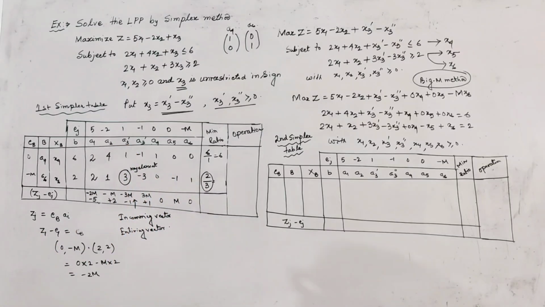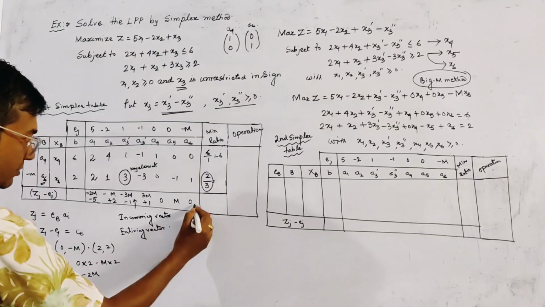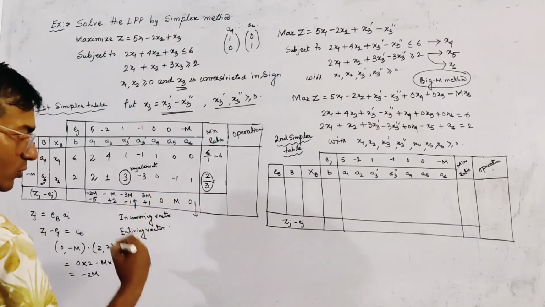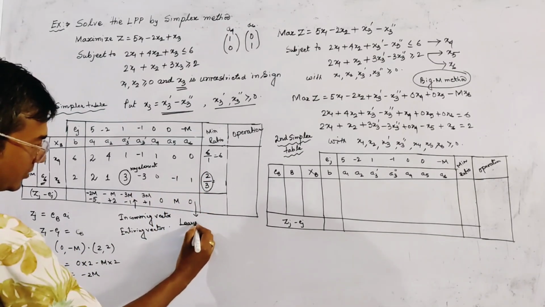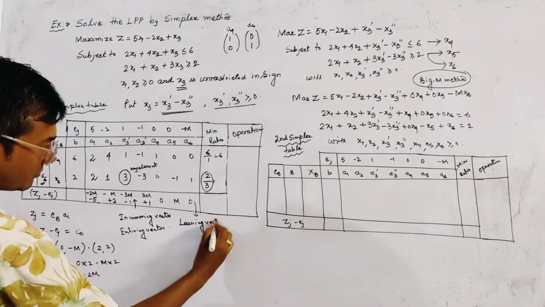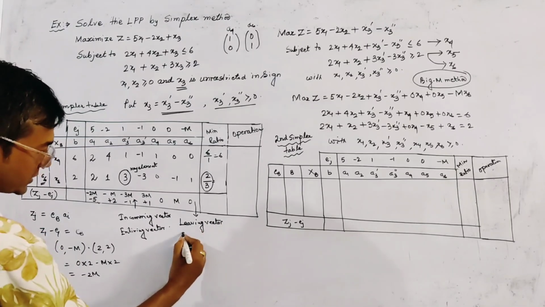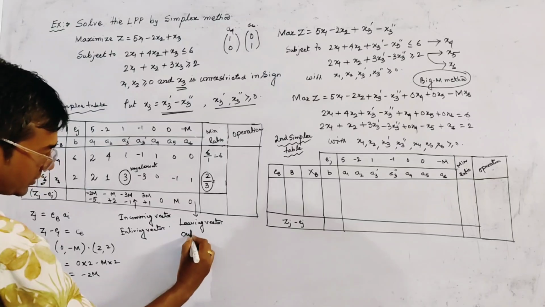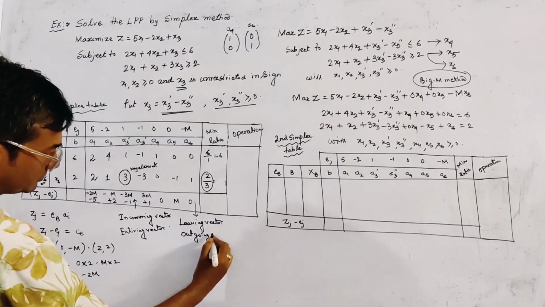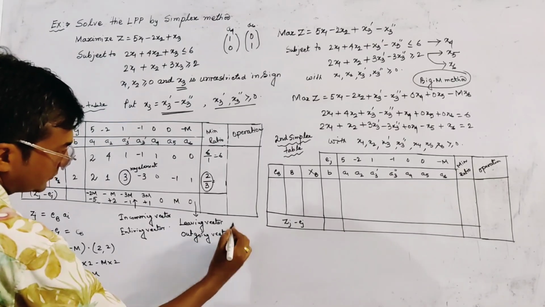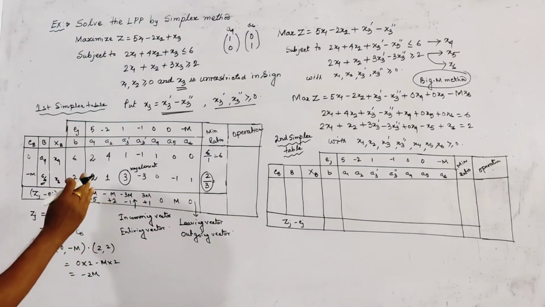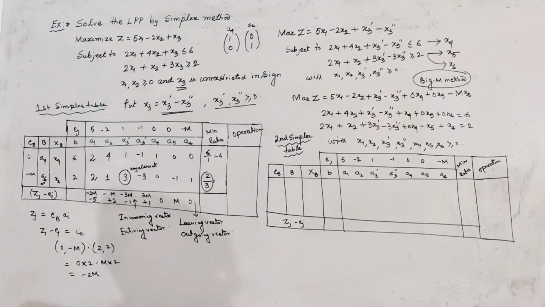Since in this row there is the vector A6, the vector A6 must leave the basis, and A6 is the leaving vector. We indicate it by an arrow. This is the leaving vector, or it is also known as the outgoing vector. Okay, these are the incoming vector and outgoing vector.